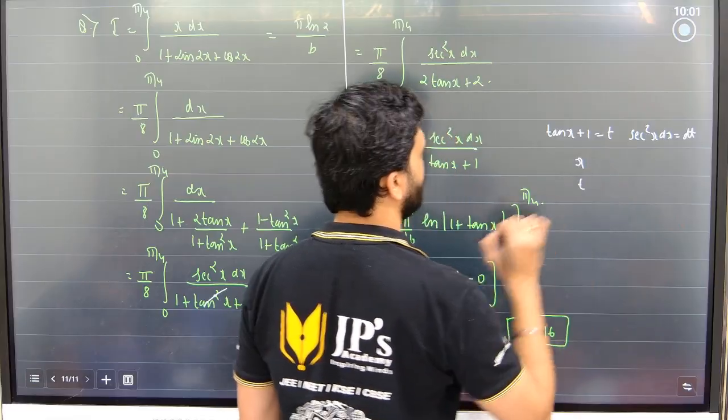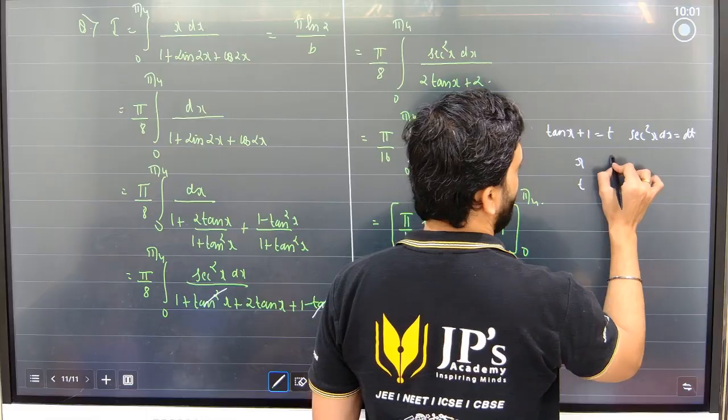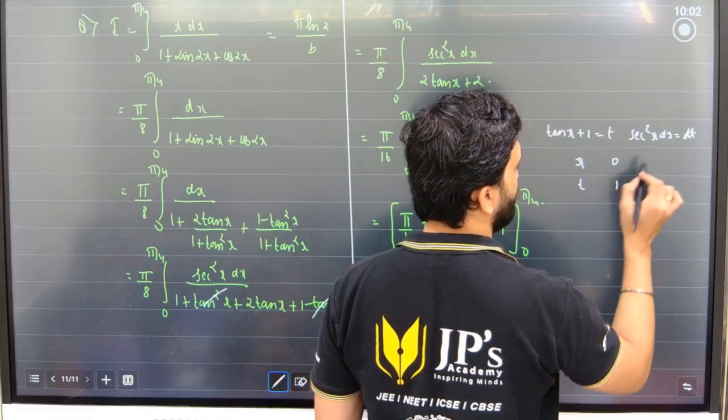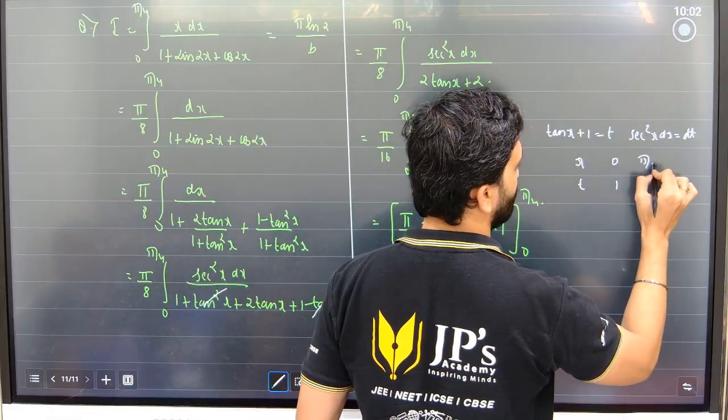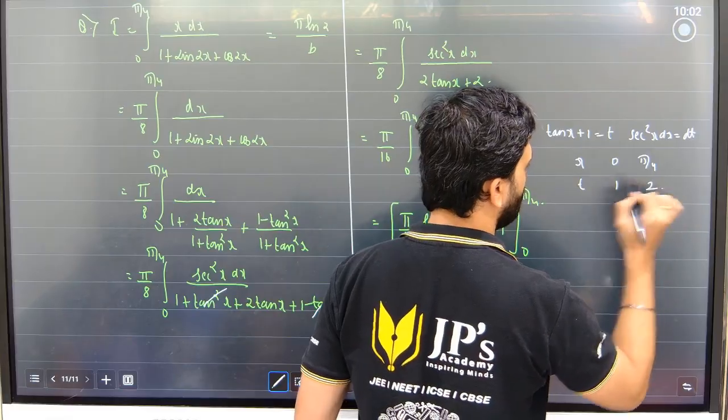x becomes t. If I put x as 0, this becomes 1. If I put x as pi by 4, this will become 2.